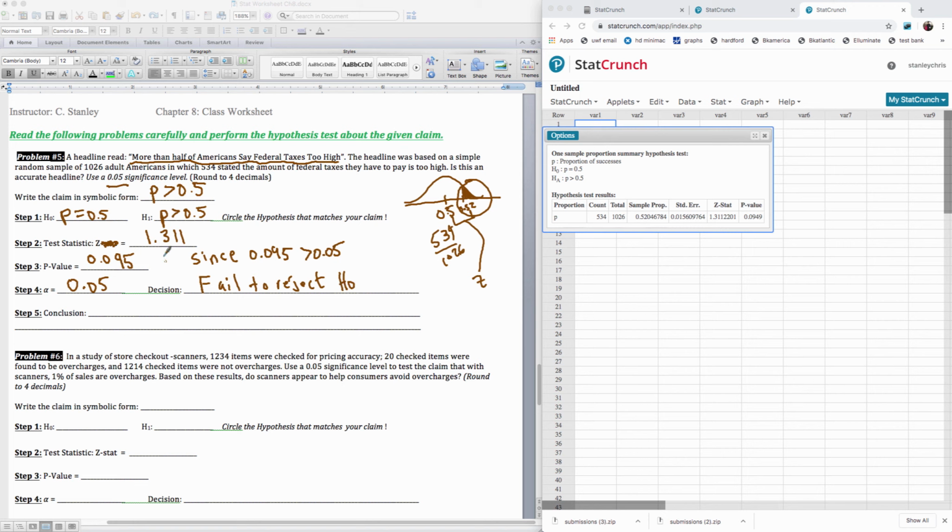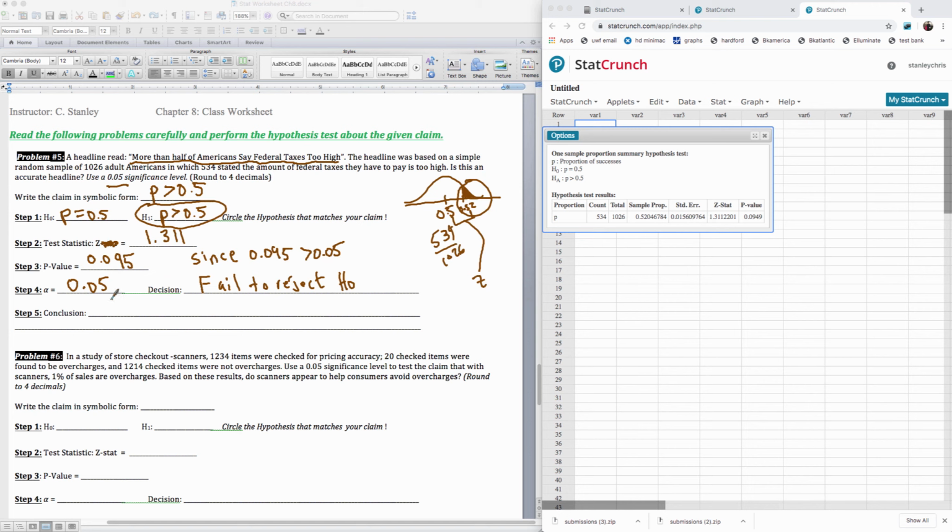Now, your conclusion always has to be about this person's claim. Since we did not reject the null, we're kind of taking it as true, even though we can't officially say it is true, because it could be 49%, it could be 51%. We don't have evidence that it's greater than 50.